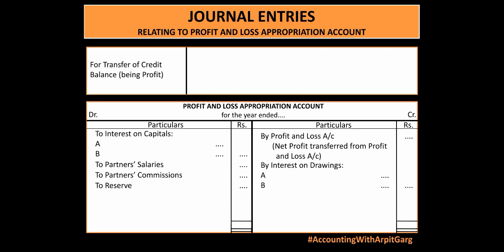So we will credit partners capital or current account and debit profit and loss appropriation account. Then this entry will also be posted to the debit of profit and loss appropriation account, as we have debited it in our journal entry.